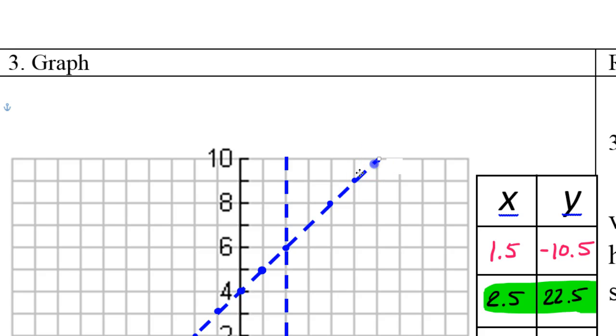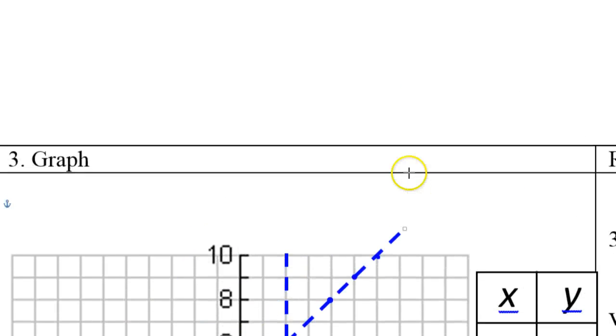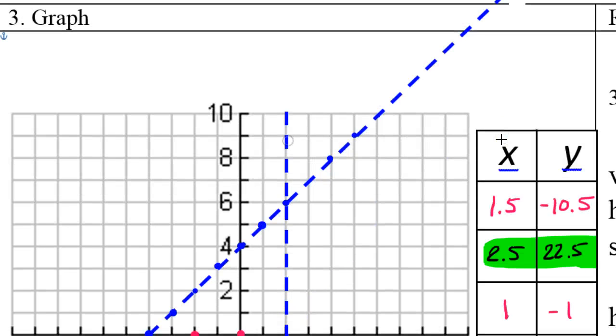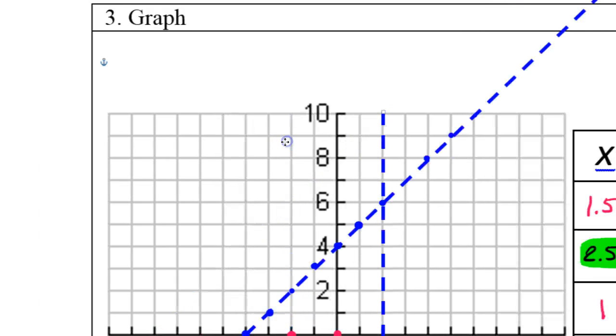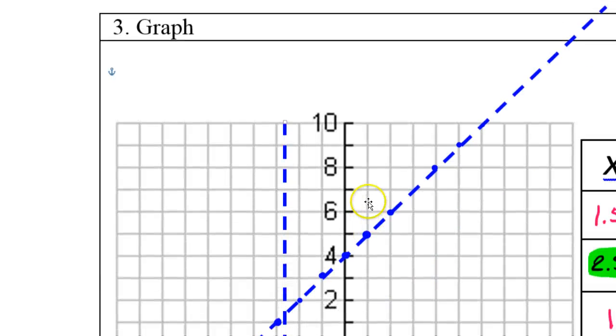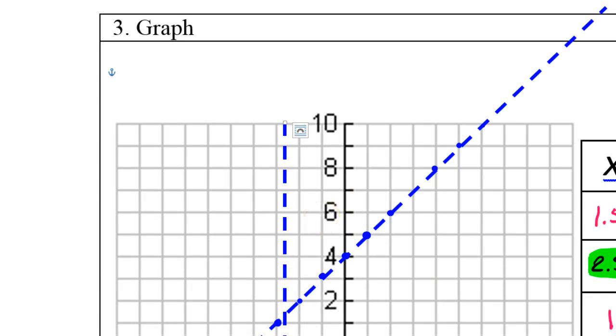Maybe if I can get my hands on the asymptote and drag it out a little bit further. So I'm just going to drag out my asymptotes a little further and see if I can make this happen. I'm going to do that off camera and I'll get back with you.